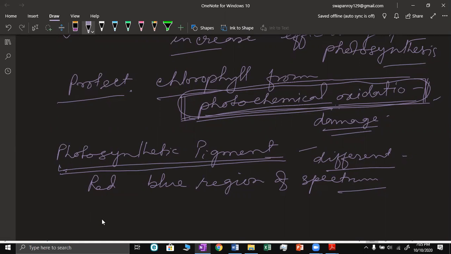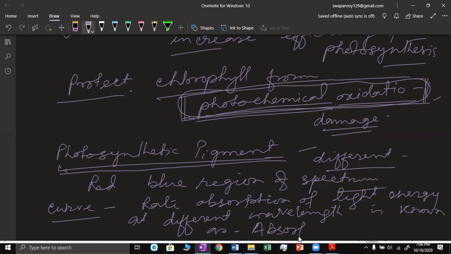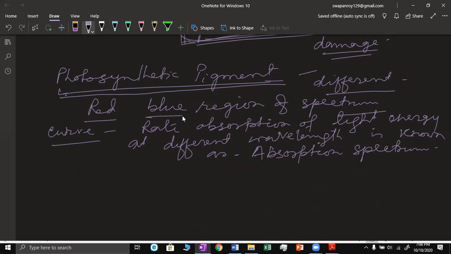The graph or curve that shows the rate of absorption of light energy at different wavelengths is known as the absorption spectrum. So this is maximum at the red and blue.